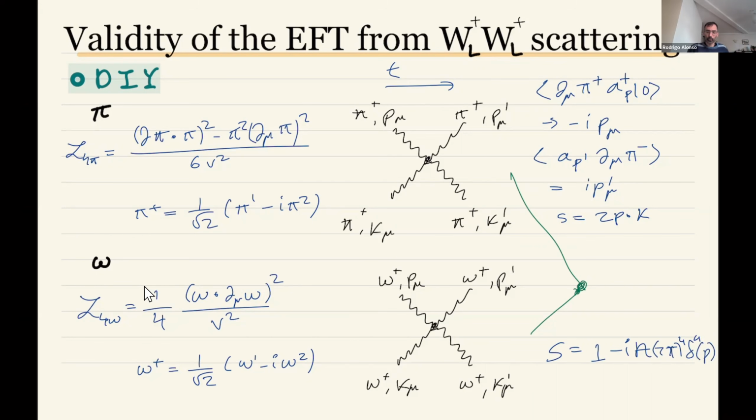With those conventions, the amplitude that you will get for both cases being the same again is the central mass s over v squared. And like I said, that's a great exercise to convince yourself that those two Lagrangians are the same and that field definitions don't matter for the actual physics of the problem.